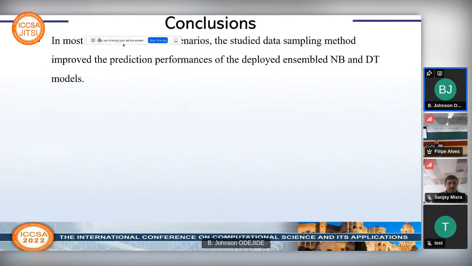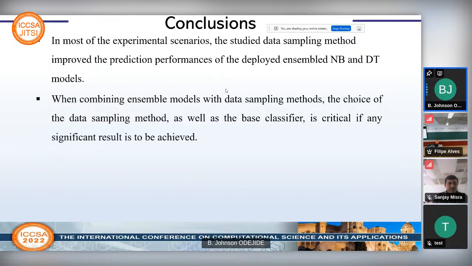So from this study, we concluded that in most of the experimental scenarios, the studied data sampling methods improved the prediction performances of the deployed ensemble naive Bayes and decision tree models. We also noted that when combining ensemble models with data sampling methods, the choice of data sampling method as well as the base classifier is very essential if any significant result is to be achieved.